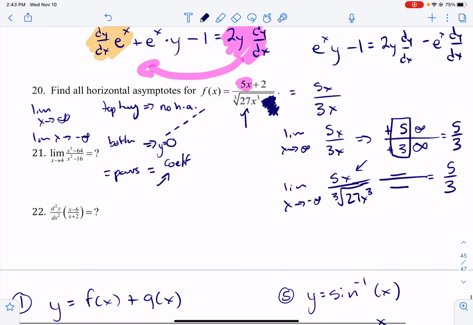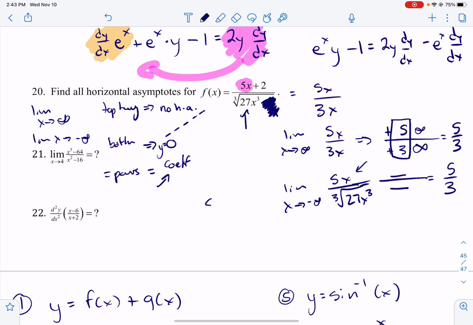If I had had something like, let's just change this a little bit. Let's make it 5x over the square root of 4x squared. Let's just make it easy. If I were to have done this one, then my limit as x goes to infinity, the top is going to be positive, the bottom's going to be positive, so my limit's going to be 5/2 because the bottom basically goes to 2x, right?